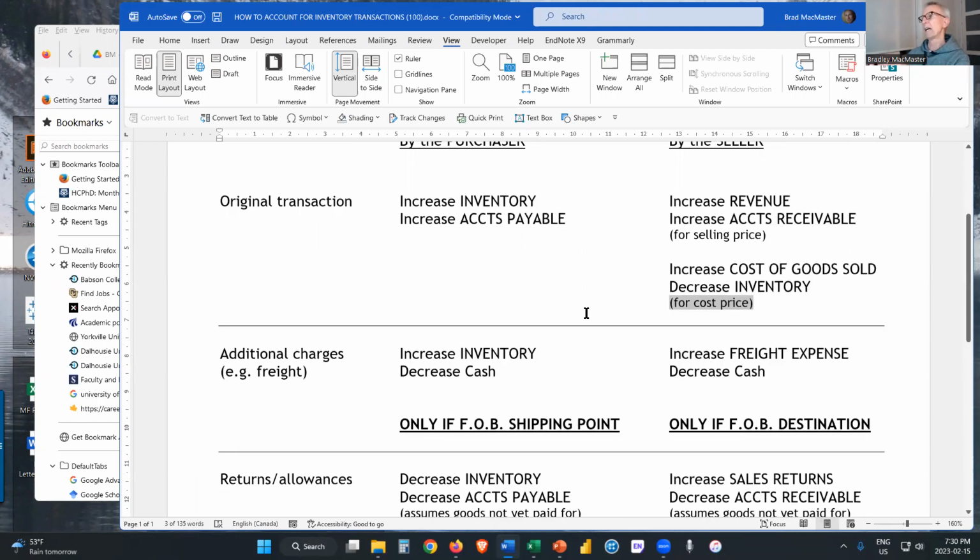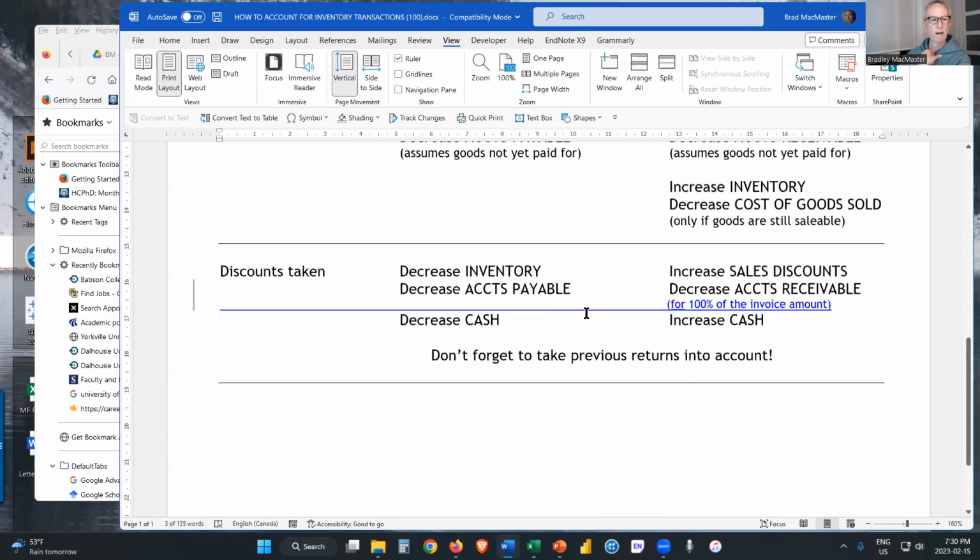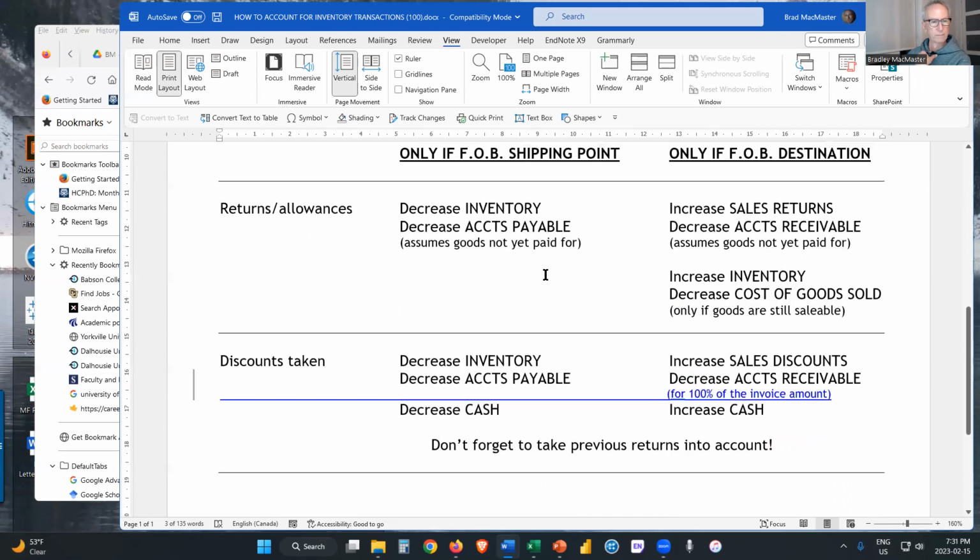So if we pay them within 10, we can take 2% of our $60 cost, which is $1.20, and deduct that from the amount we have to pay, okay? So we'll end up paying, instead of paying $60, we'll pay $58.80.